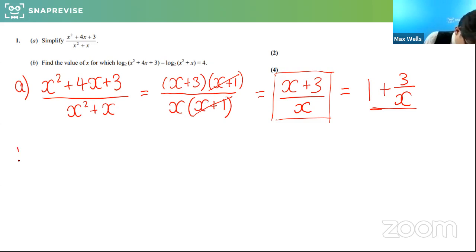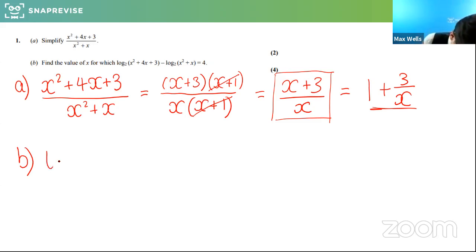But we'll carry on. So part B, find the value of x for which log 2 of the numerator minus log 2 of the denominator equals 4. From log rules, I know some of you have mentioned this already, we can combine that information.